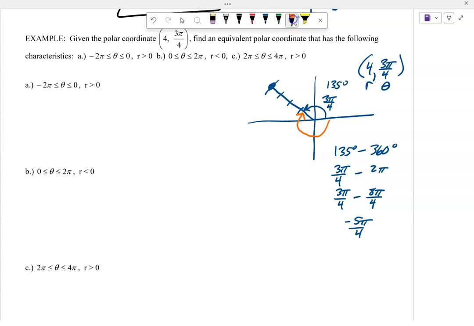And so that would be the orange, negative 5 pi fourths. In other words, negative 225 degrees. And then the r would still be 4. So I want a positive r. Oops, I'm supposed to be doing this in radians.